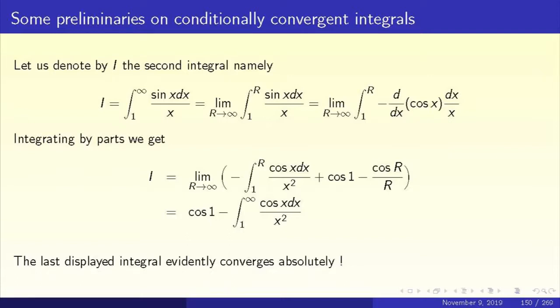What is it? It is the limit as r tends to infinity of the integral from 1 to r of sin x dx upon x. Let us do an integration by parts. Let us write sin x as minus d dx of cos x. The d dx will transfer to the other function, namely 1 upon x. The sign will change and it will become 1 upon x squared cos x dx, integral from 1 to r with a negative sign. And then there are boundary terms.